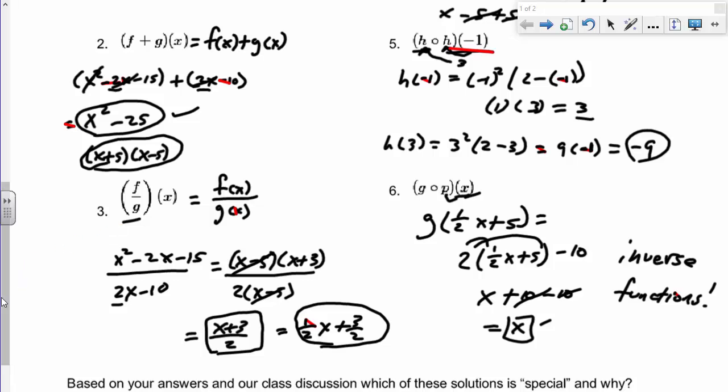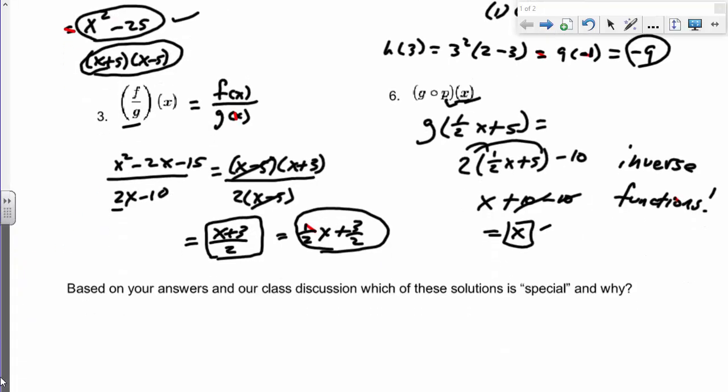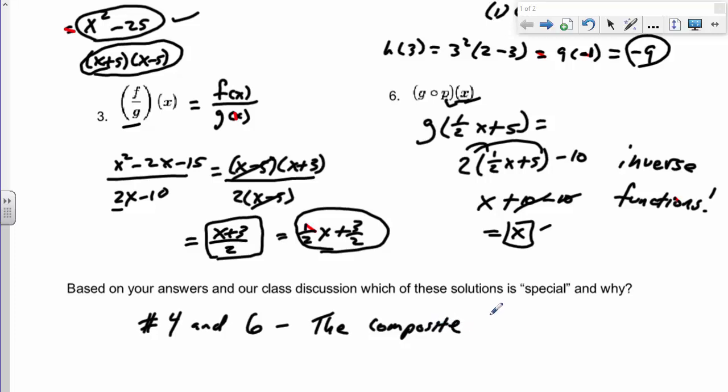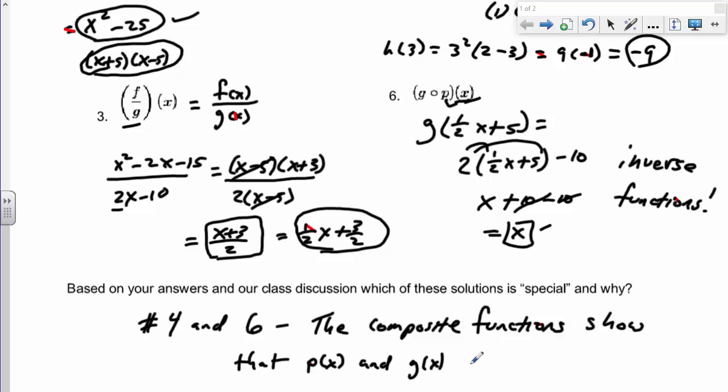So that's the follow-up question. Based on your answers and our class discussion, which of these solutions is special and why? We will say the solutions for number 4 and 6. The composite functions show that p of x and g of x are inverse functions.